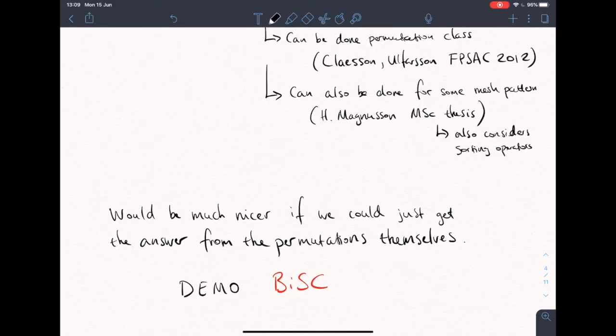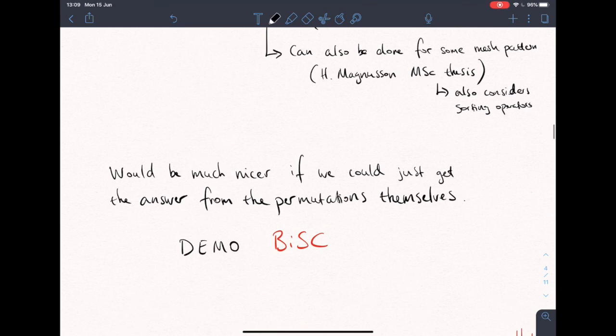Now that we've seen a demo of Bisq, it's maybe time to tell you where the name comes from. BI comes from Billey, from Sara Billey, who wondered if it could be possible to learn mesh patterns.